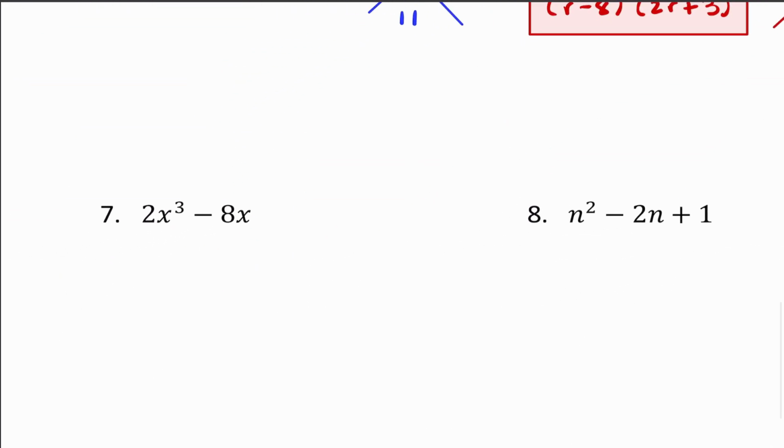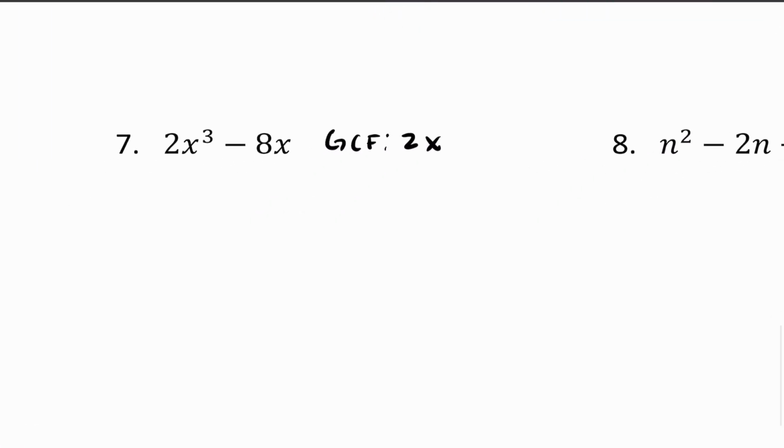Number 7, the GCF between these two terms is 2x. So I'm going to write 2x, my remainder, and then x squared minus 4. Here, we have a difference of two squares.